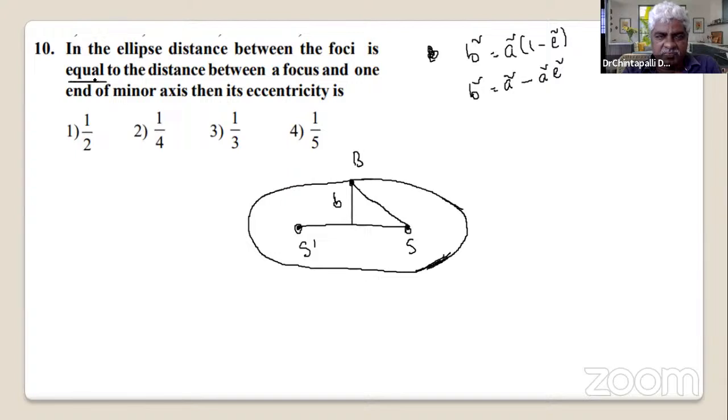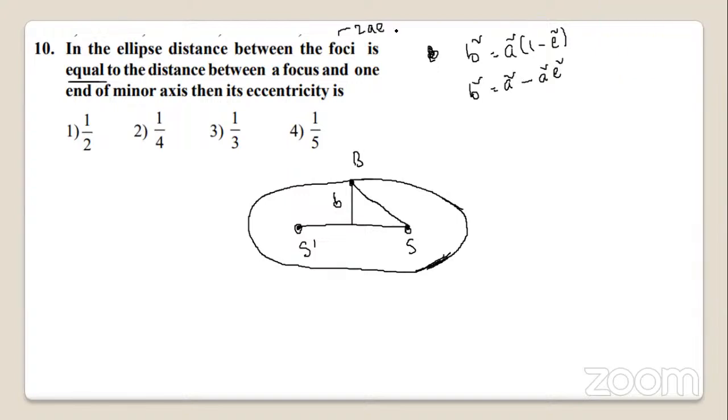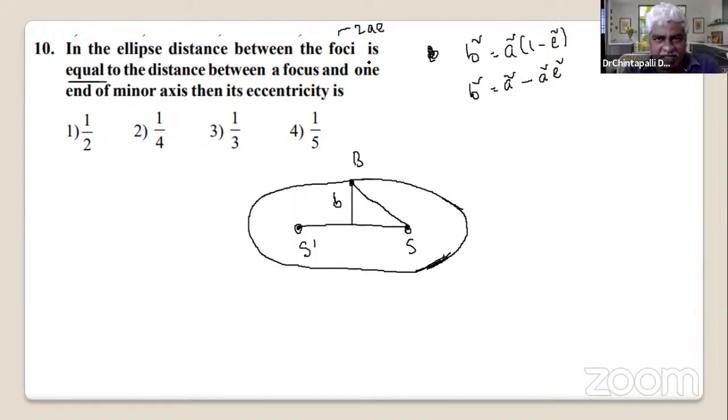What are equal? In the ellipse, the distance between foci, that is 2AE, is equal to the distance between a focus and one end of the minor axis, SB. 2AE is equal to SB, right?